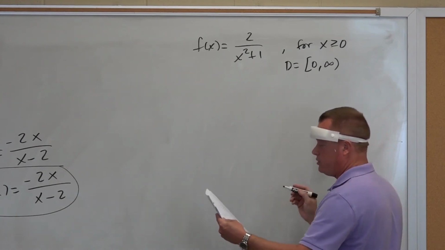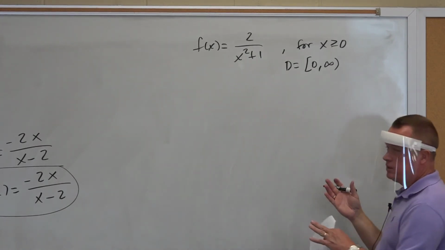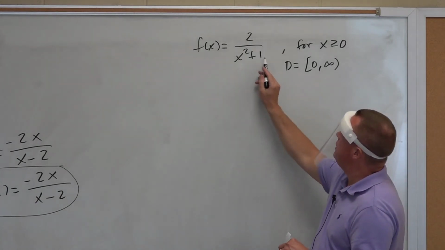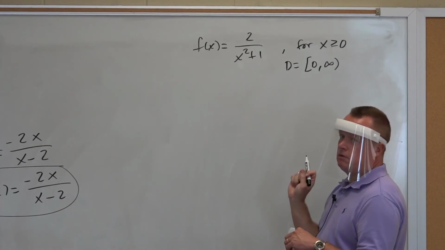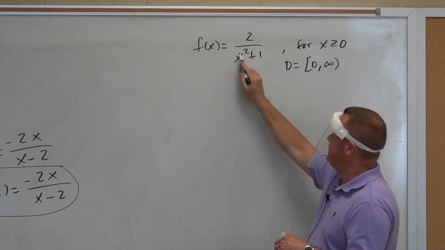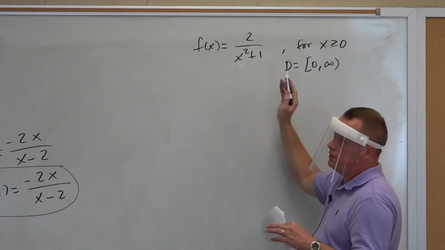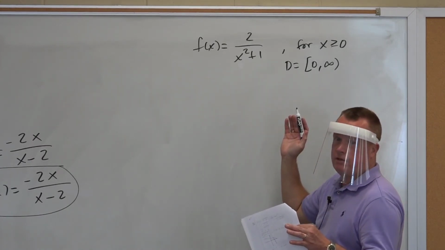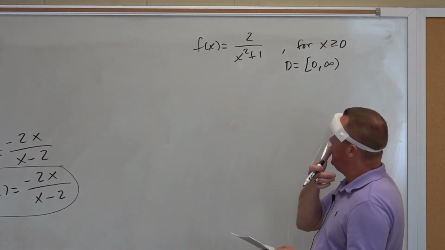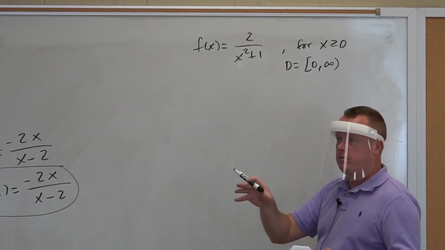So your range, now what is the smallest that it can be? Can you get a negative number in the denominator? No. All right, because that always has to be positive, and a positive number plus 1 is always a positive number. Okay. So what about 0?